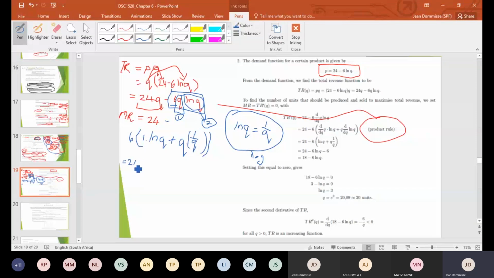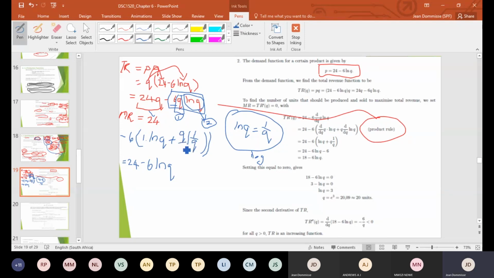So still got the 24. Okay, so let's multiply in as well, so minus 6 times ln q gives me ln q. So here q times 1 over q gives me 1. So let's write this in better format as well.